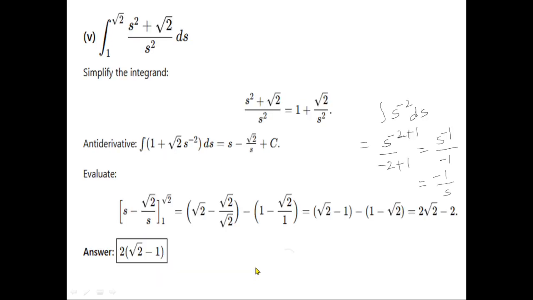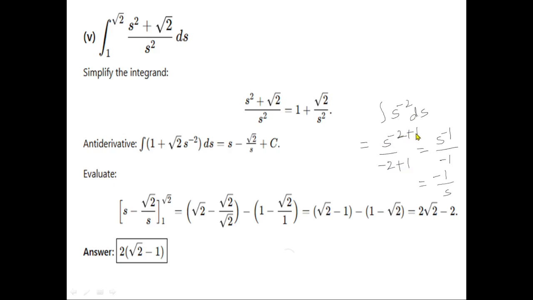And the next function is the integral from 1 to root 2 of s square plus root 2 by s square ds. By simplifying this term, s square by s square, that is 1, plus root 2 by s square, and this s square can be written as s power minus 2. So that integration will be s power minus 2 plus 1 by minus 2 plus 1.